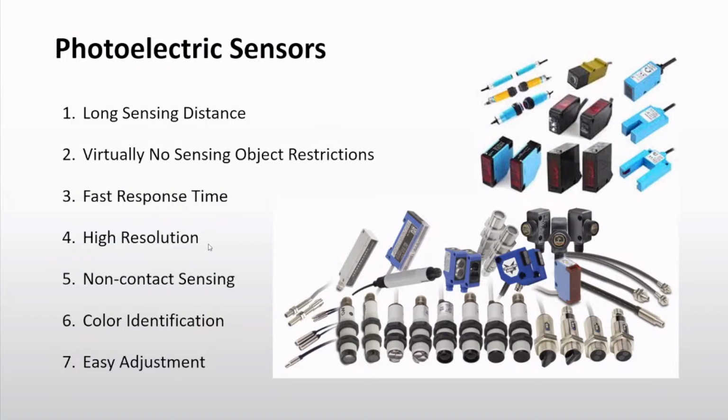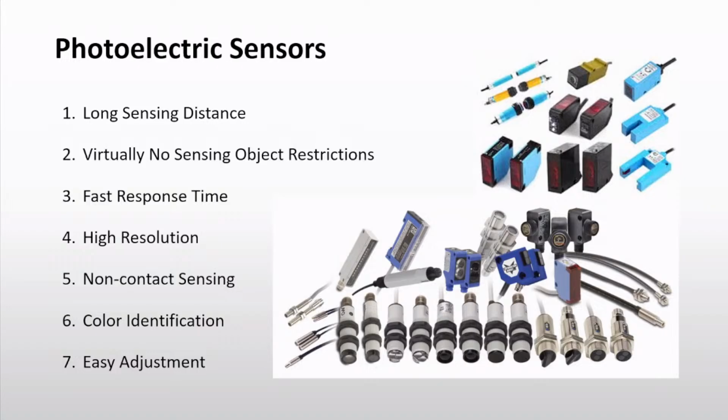You know one light beam is made of millions of light rays, so we can use it with high resolution. That means these photoelectric sensors can detect very small objects or very slight changes in position very accurately.